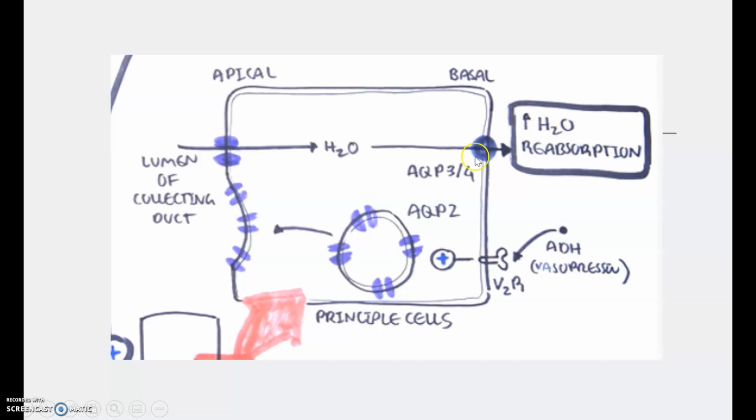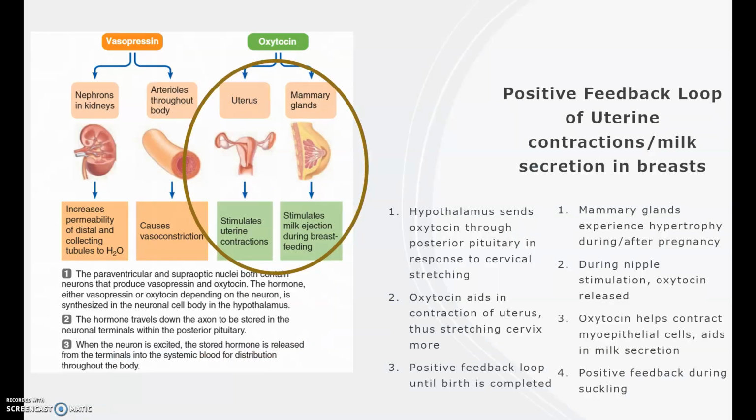So it's a pretty nifty system here: vasopressin is secreted, taken up by the receptors, increases aquaporins in these cells, therefore increasing water retention. If you think of these principal cells, millions and millions of them in the very prevalent nephrons, this is an incredibly efficient machinery inside of the body.